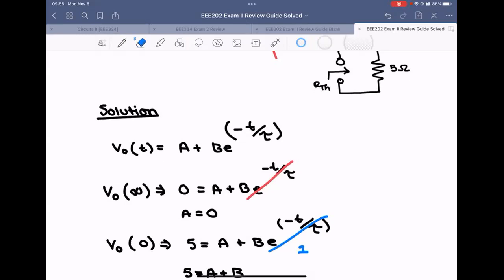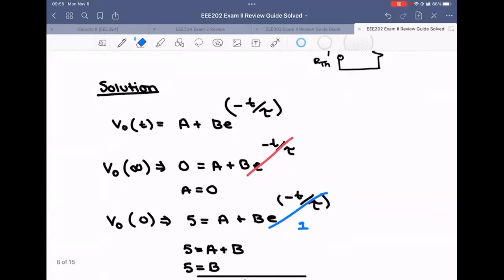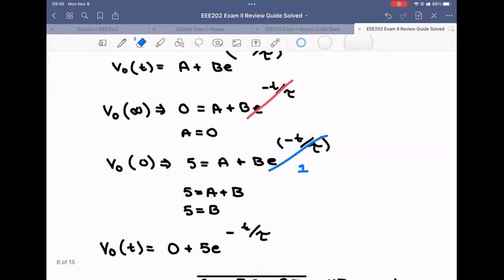So B is equal to 5 volts, or 5, because we know A is 0. That's why we had infinity up here, and that's why this went down to 0. So now we know our equation is 0 plus 5e to the negative t over tau.